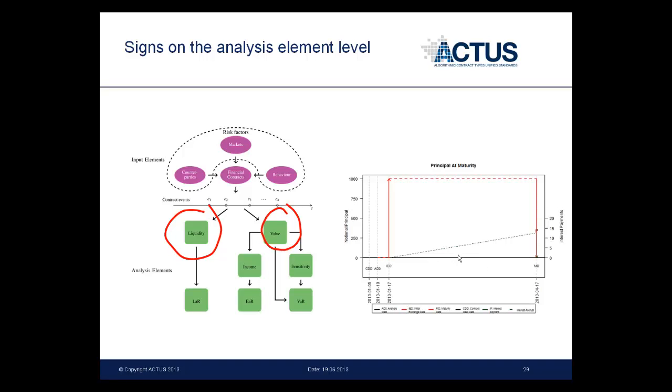Let's assume we are here, somewhere in the middle of the life of this contract. So a bookkeeper looks back and says, I had an outflow in the past, therefore it is something negative. I gave something, so that's negative. So this is the bookkeeper.